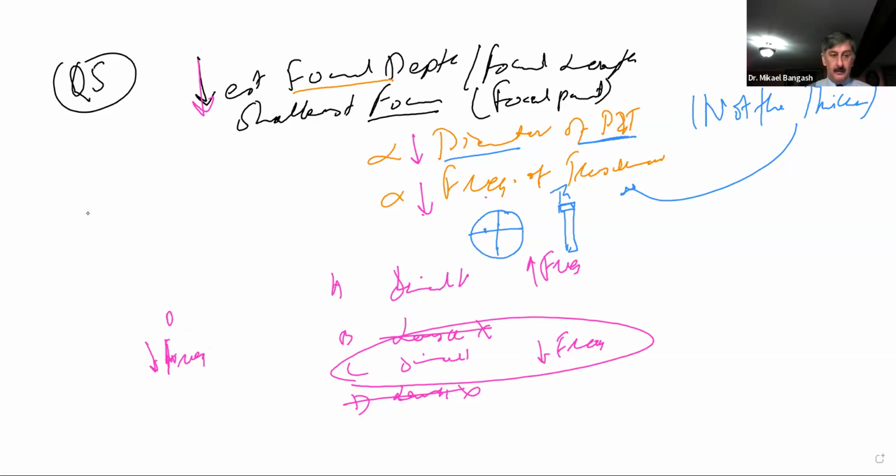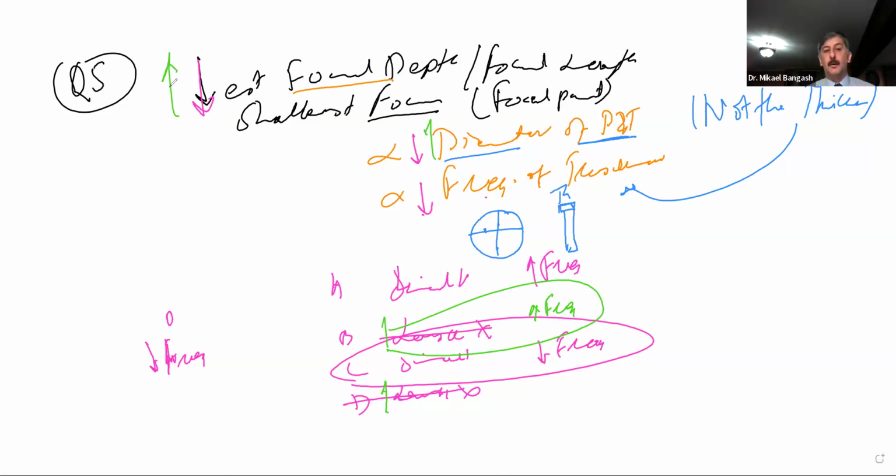Had it been the other way around, and they asked for the greatest focal point, then you go with the large diameter, and choose the one with the greatest frequency, which is, I guess, B. So B would have been the one with the greatest or deepest focal point.